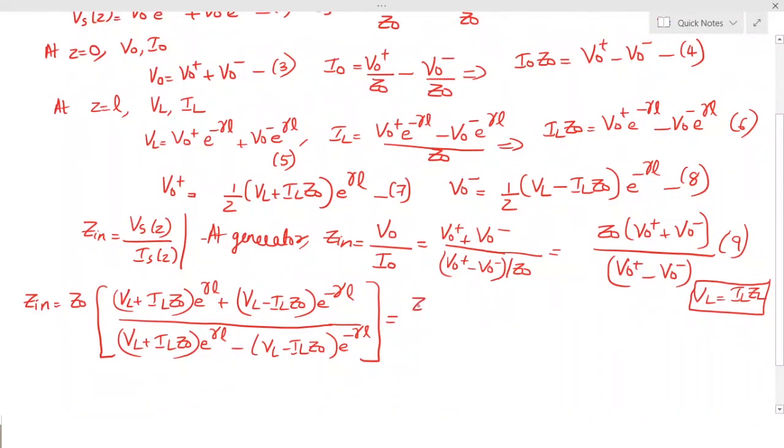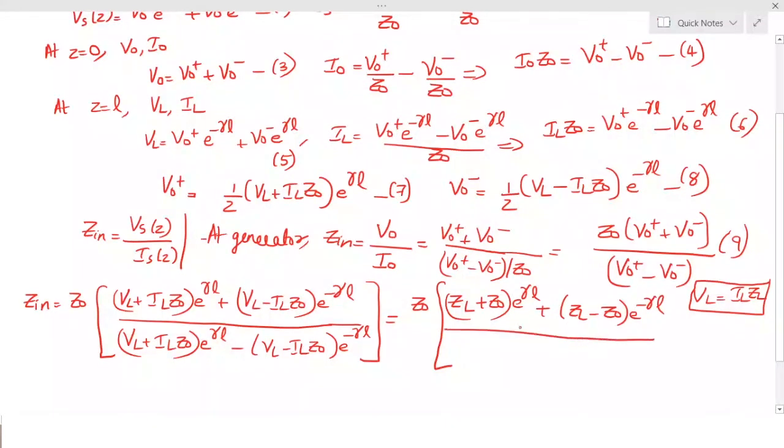So you can write Zin is equal to Z0 into, IL gets cancelled, (ZL plus Z0) into e raised to gamma L plus (ZL minus Z0) into e raised to minus gamma L, divided by (ZL plus Z0) into e raised to gamma L minus (ZL minus Z0) into e raised to minus gamma L. You will be getting like this.